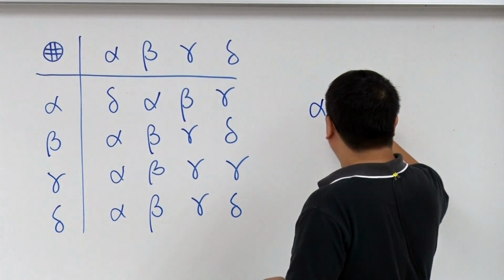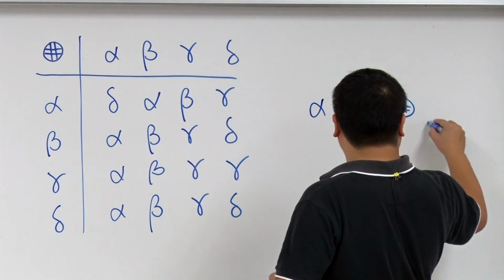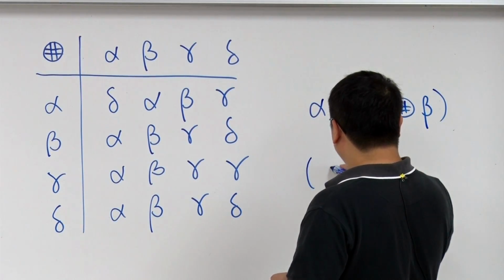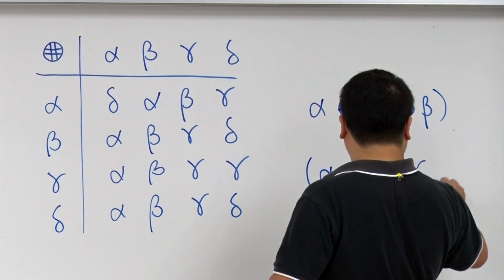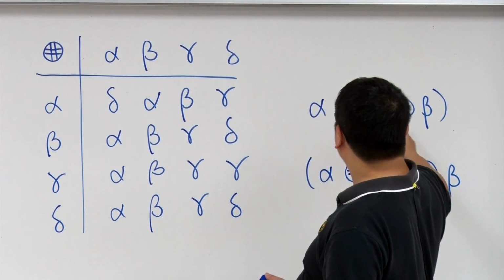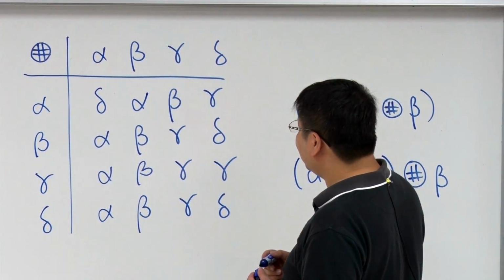Let's say we do alpha, alpha, beta, and the other one is alpha, alpha, beta grouped the other way. If I do this, alpha with alpha first, what do we have?